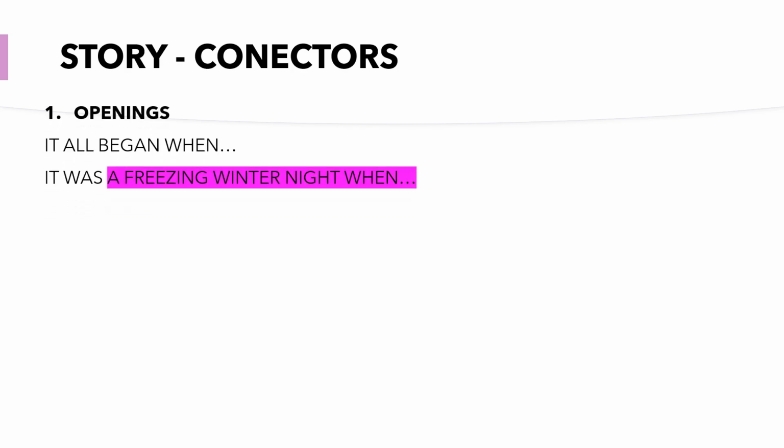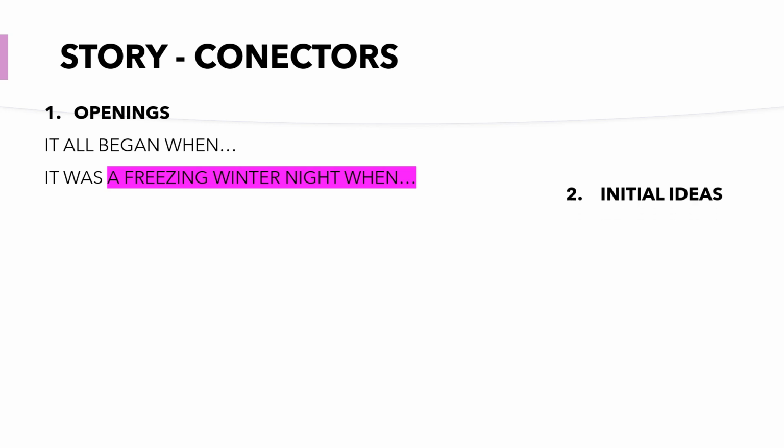Also, we can use connectors. For example, in the first paragraph, we can use openings, for example, it all began when, and so on, or it was a freezing winter night when, and we continue.